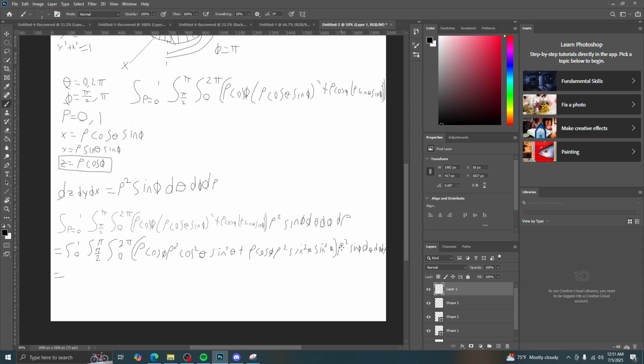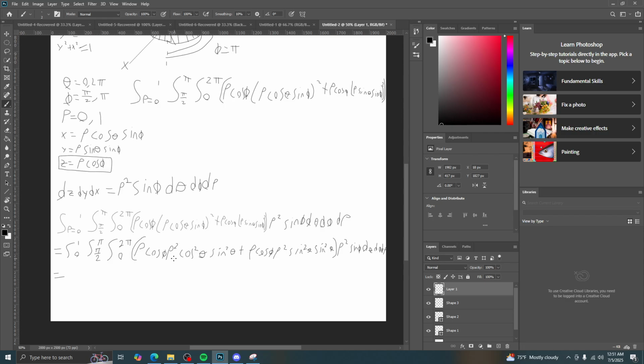Then I would distribute this rho squared to each term, and both of them would become rho to the fifth power. Then you can take that rho to the fifth power out, and also take the sine phi squared out.